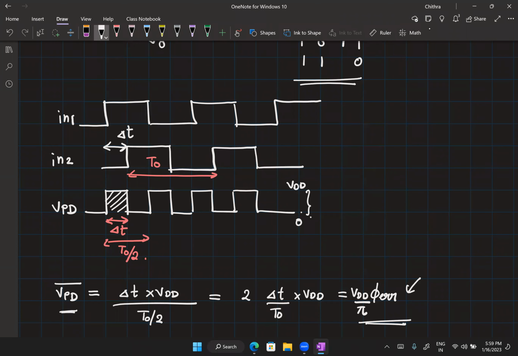It will hold for delta t equal to 0. For delta t greater than 0 also it is holding, right, to some extent. So can you, looking at this waveform, comment on whether it will hold for 2 pi, whether it will hold for pi by 2, etc.? It will hold till pi by 2 for sure, right?